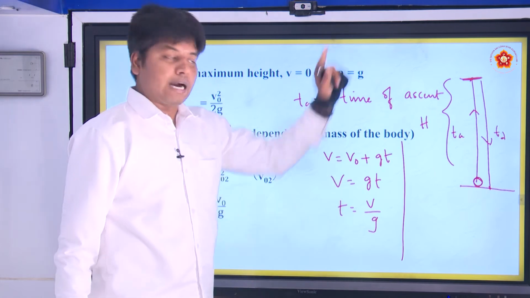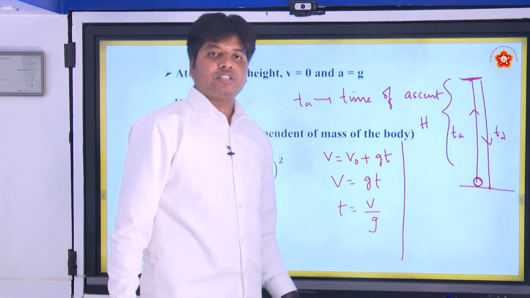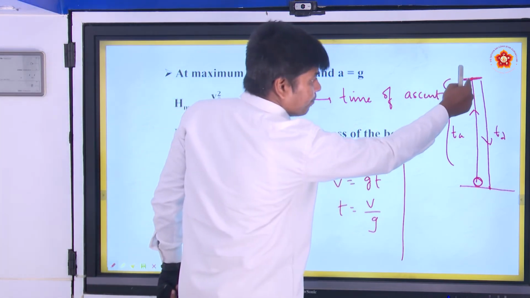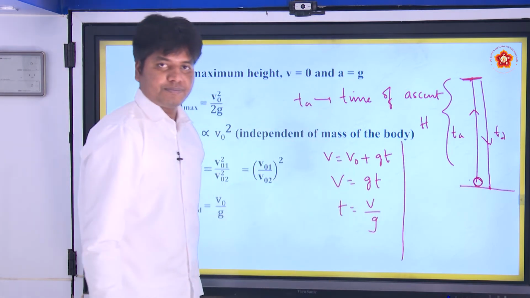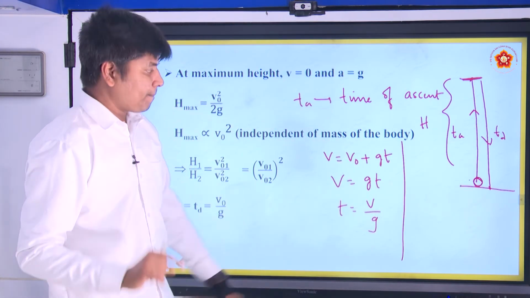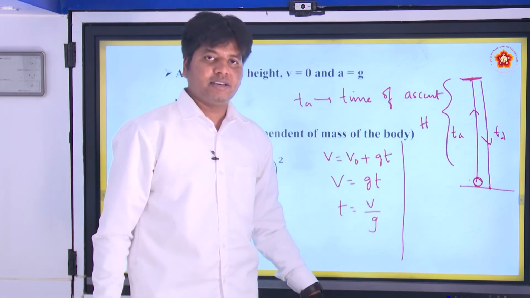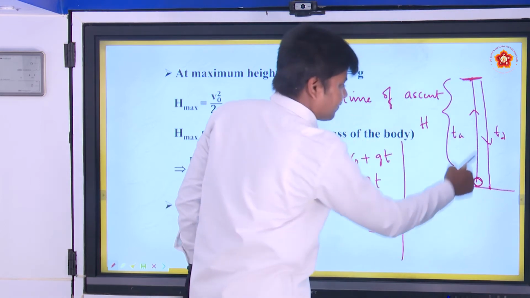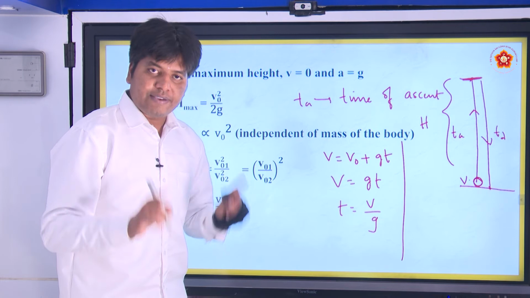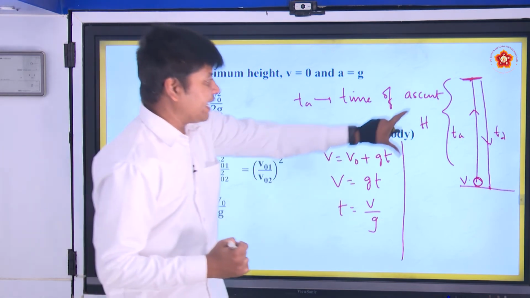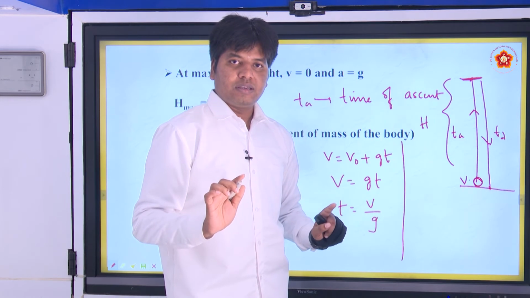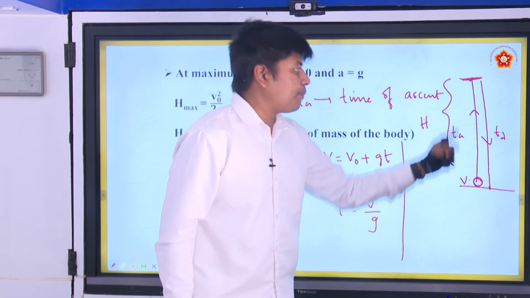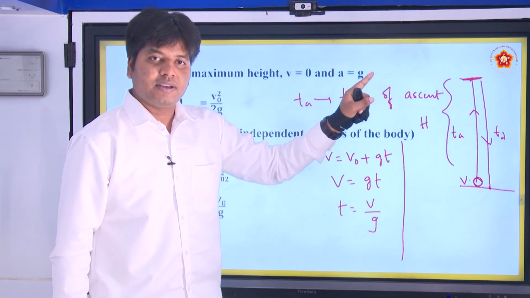When the body is projected up with some initial velocity v0, when the body is falling down it is attaining some velocity, right? If it attains some velocity v as it is coming down, and with the same velocity I project it up, it will attain the same height, yes or no? If I project the body with the same velocity upwards, it will go to the same height, right?